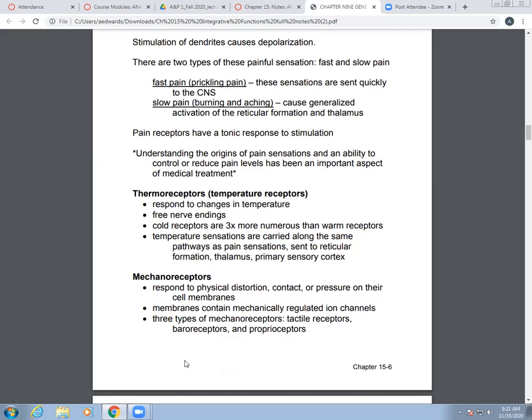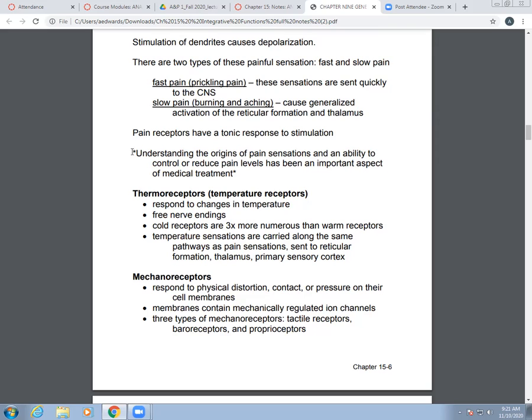These are generalized activation of your thalamus as well as your reticular formation. These are parts of your brainstem, right? So the pain receptors, their response is said to be more tonic, okay, when they're stimulated.